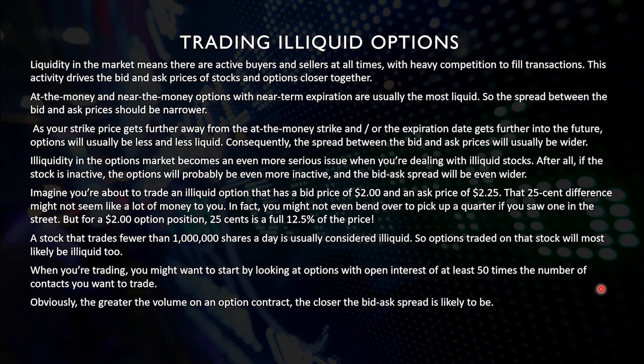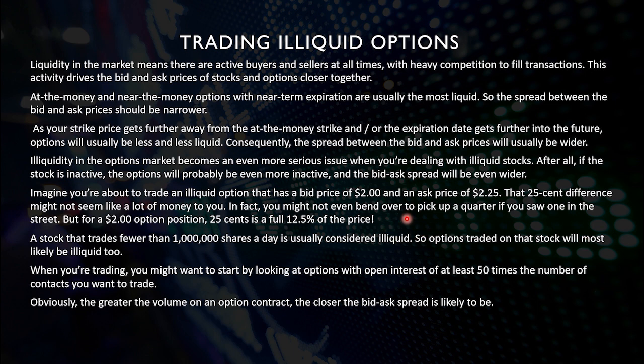Consequently, the spread between the bid and ask prices will usually be wider. Liquidity in the option market becomes even more serious when you're dealing with illiquid stocks. After all, if the stock is inactive, the option as a derivative of it will probably be even more inactive, and that bid-ask spread will be even wider.